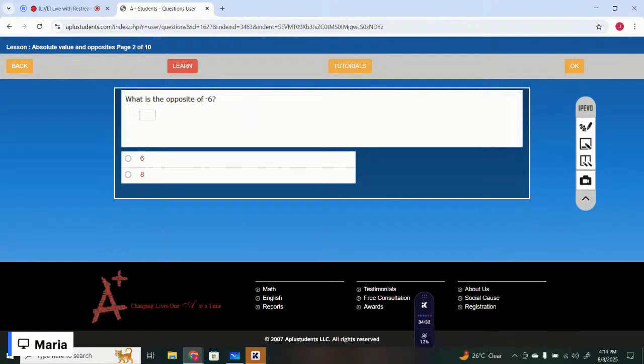What is the opposite of negative 6? So opposite of negative 6 is positive 6. Option number 1 is the correct option.